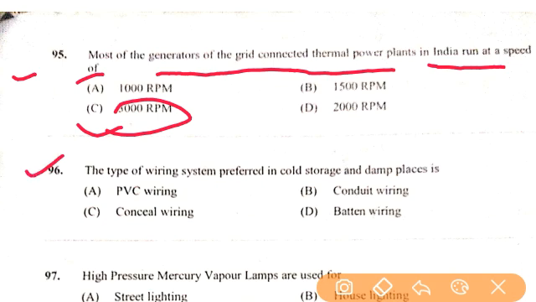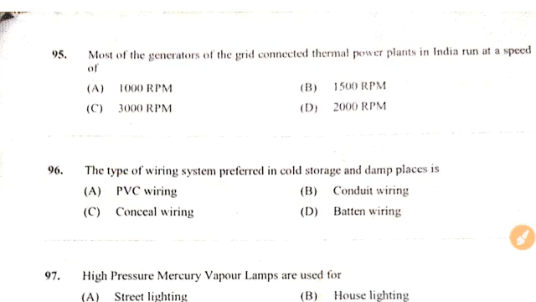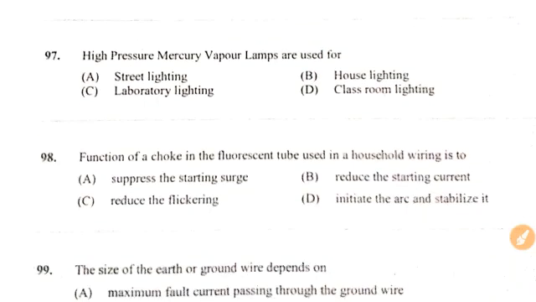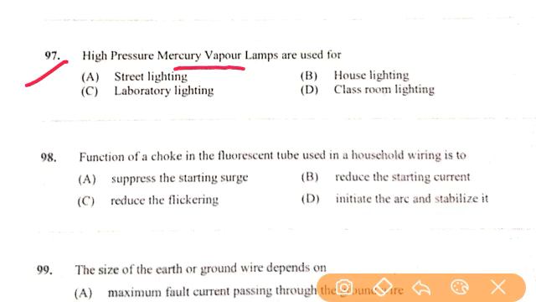In the next question, the type of wiring system preferred in cold storage and damp places is PVC wiring, which will be the correct answer. In the next question, high pressure mercury vapor lamps are generally used for general purpose, that is for street lighting.